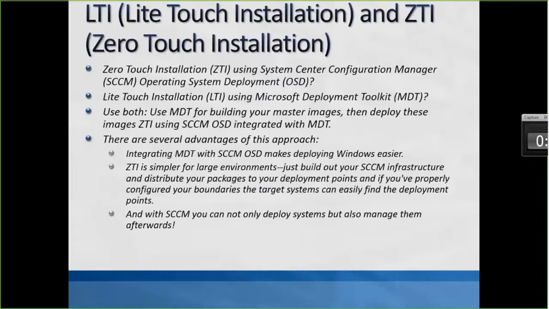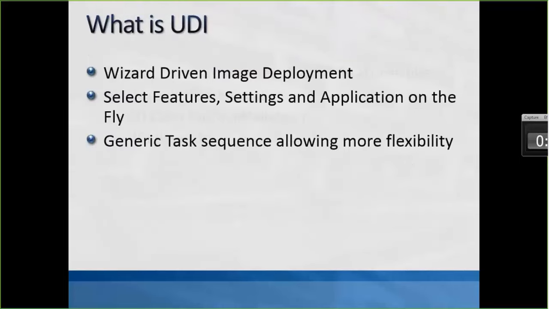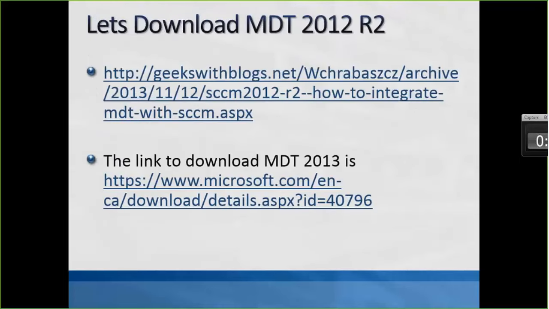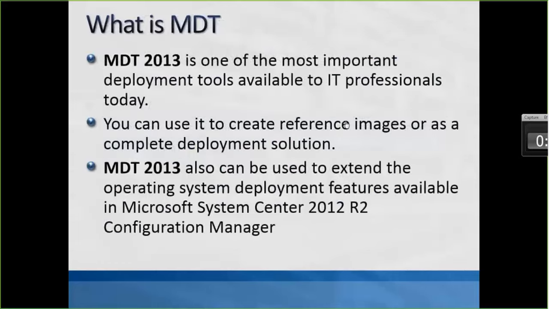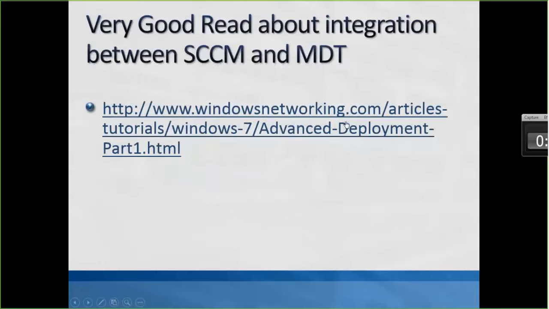Let me check. Sorry, that's the integration slide, not that. We can go for 2013 as well. I think I did not give 2012. I've given a link for reading, which is very good, and for integration.